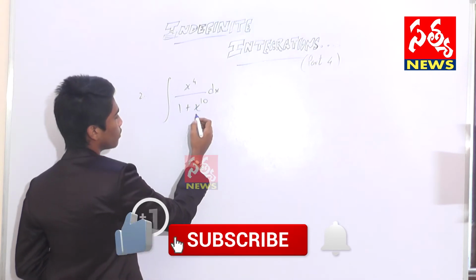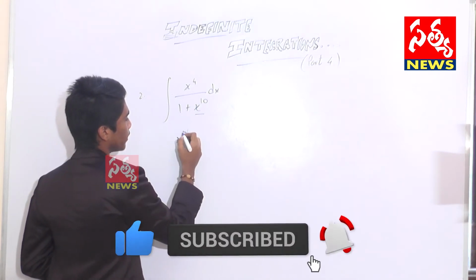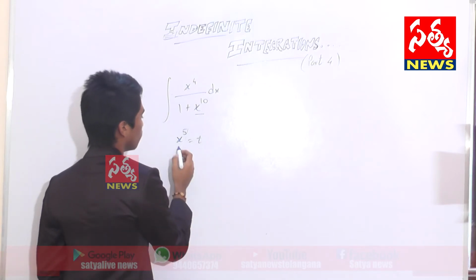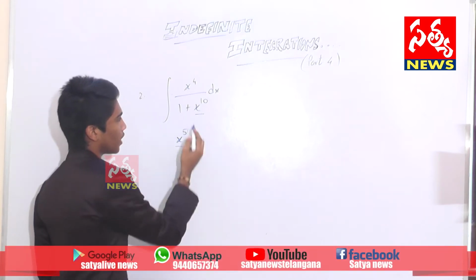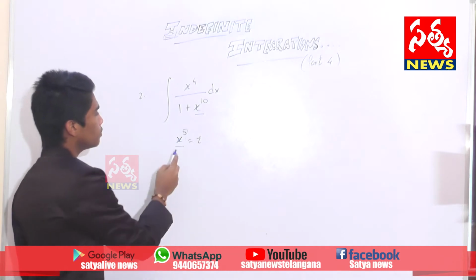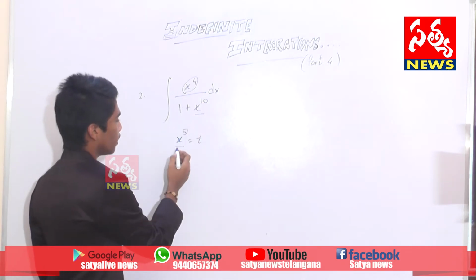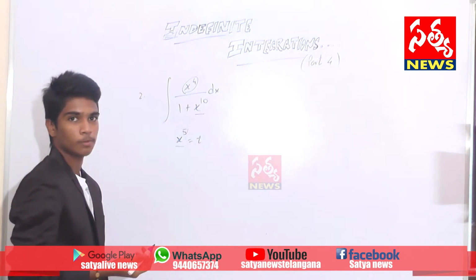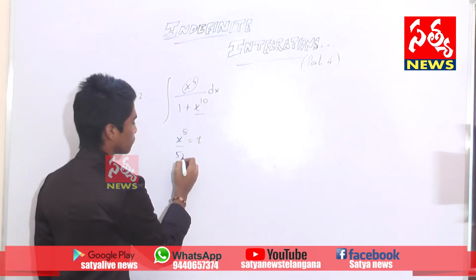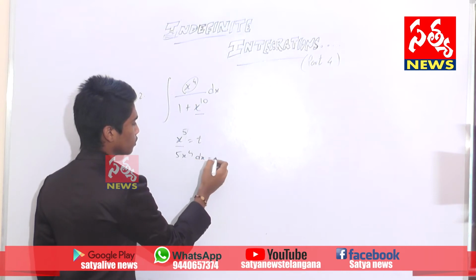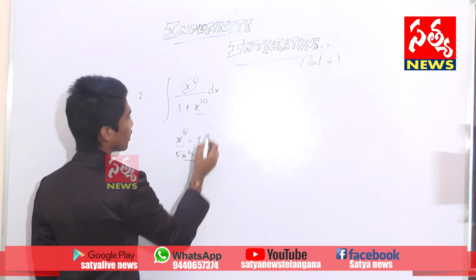In this problem, we have to assume that x power 5 is t. Why only x power 5? Why can't x power 10? Because here you can see x power 4 in the numerator. As the differentiation of x power 5 is 5x power 4, right? And this is the term we have here.